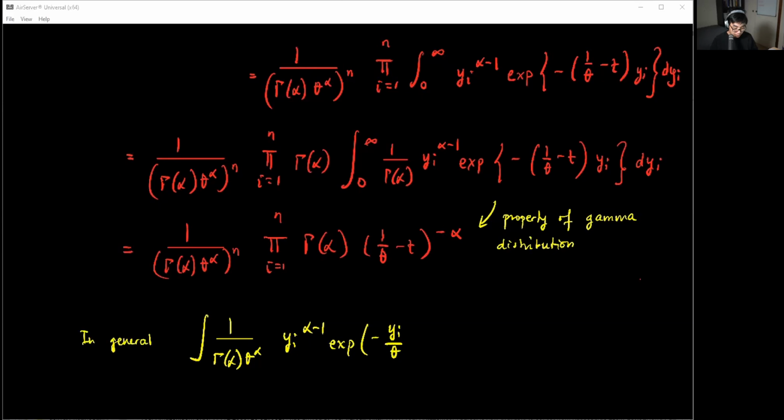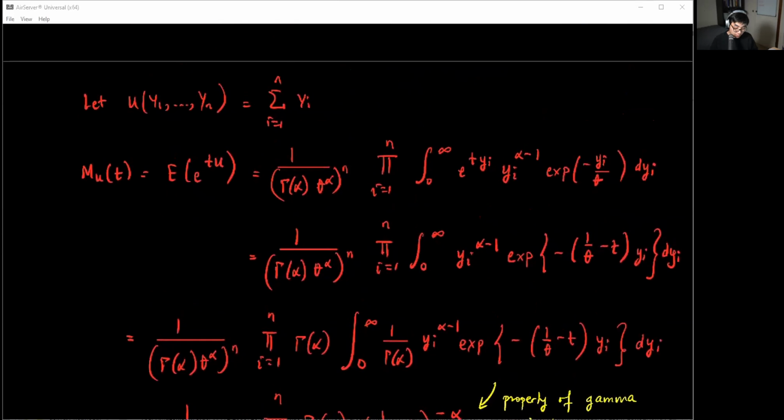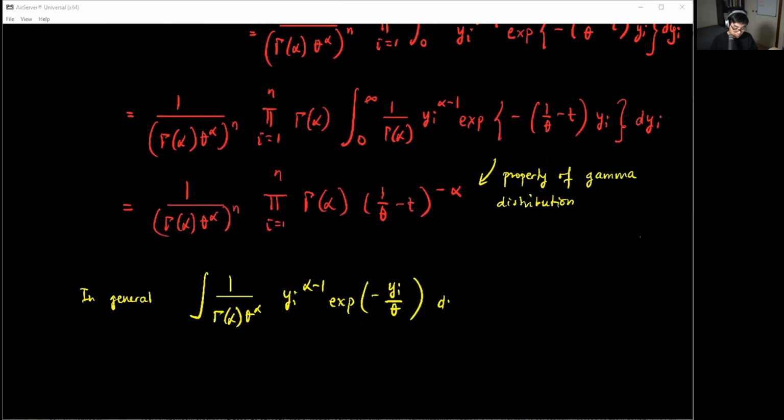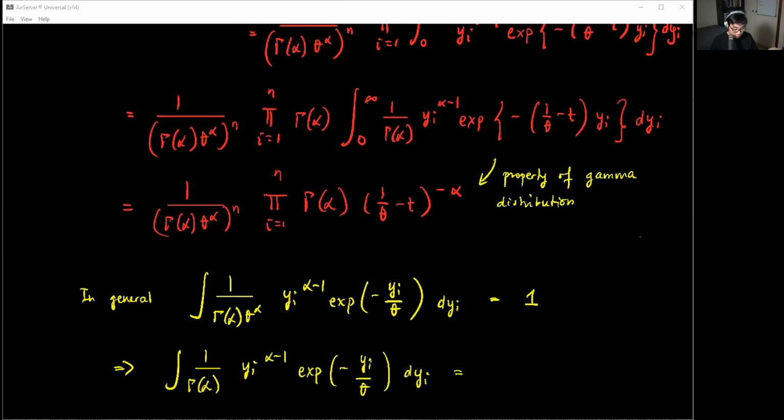Theta to the, is that right? Let me just check. Yep. This is equal to 1, because it's a probability density function. So therefore we can say that the integral of 1 over this is just equal to theta alpha.